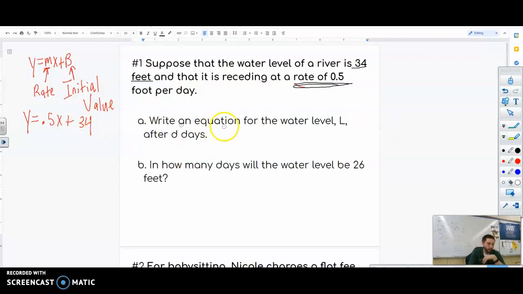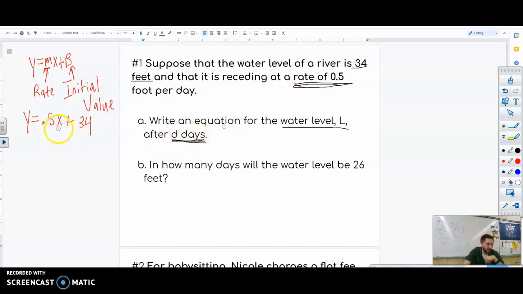Okay? Now, if I read carefully, question A says write an equation for the water level L after D days. I used y and x, but this problem is asking me to use L and D. So which one represents x and which one represents y? Well, you know from all of first semester we said almost always if you have a unit of time like days, that's going to be your x value, your independent variable.